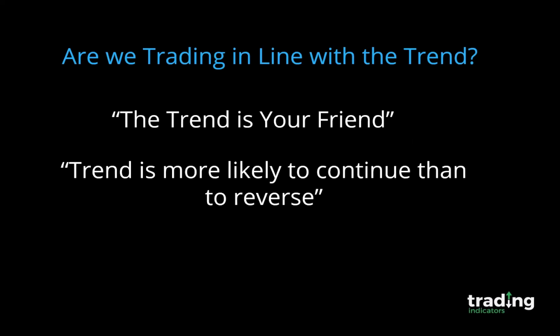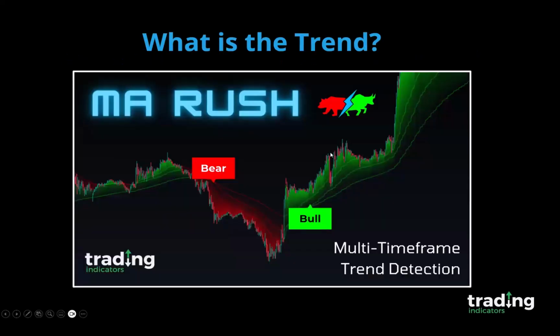And this is exactly what we want, and what we're going to scan for. So we want the overarching trend to be in line with the anticipated trade direction of our setup. All right, with this, and without further ado, let's move over to our dashboard.